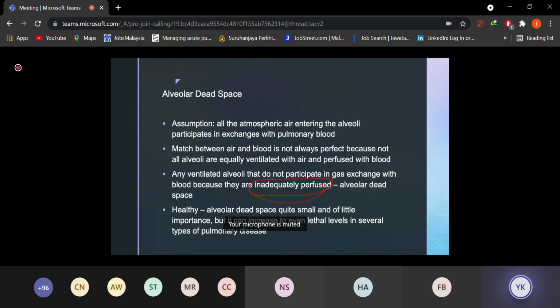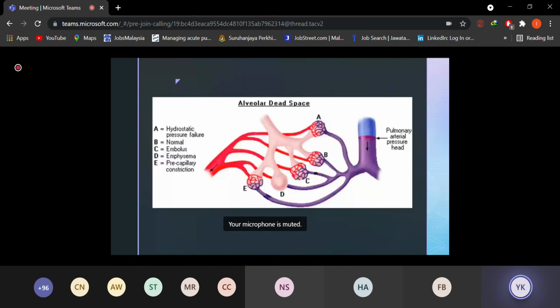In healthy people, alveolar dead space is quite small and of little importance; clinically it is not significant. But for people who are not healthy, the alveolar dead space increases, and this can indicate several types of pulmonary disease. Take a look at the alveolar dead space.